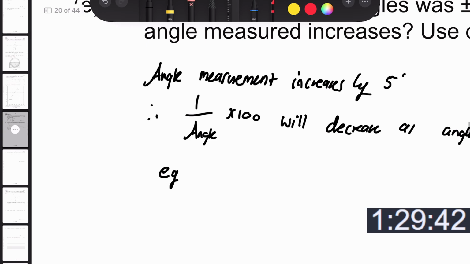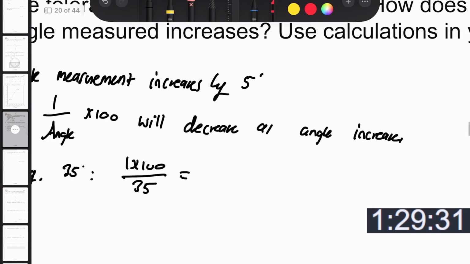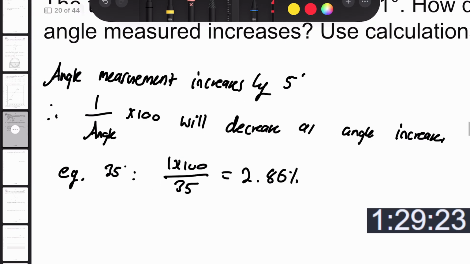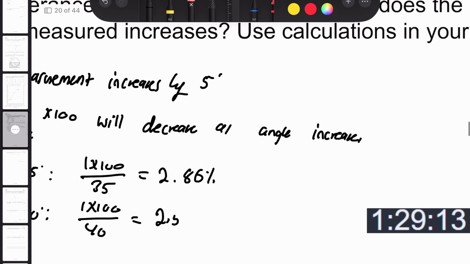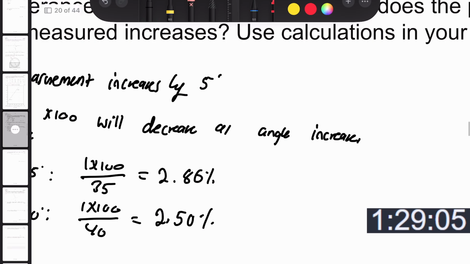Say, for example, 35 degrees, 1 times 100 on 35 equals 2.86%. But then for 40 degrees, it's 1 times 100 on 40, so it's 2.50%. Is that what we want? I don't know, man. Some of these are just so confusing.